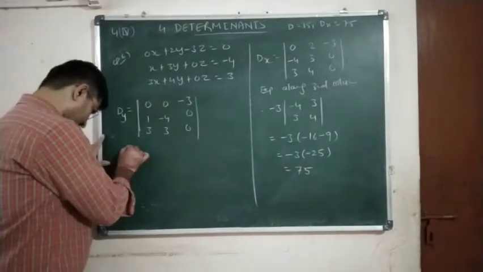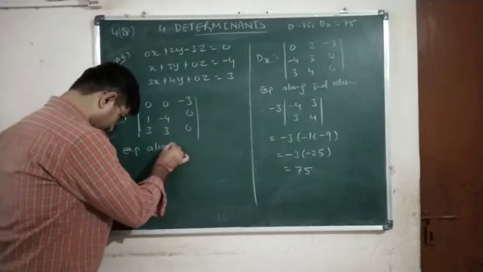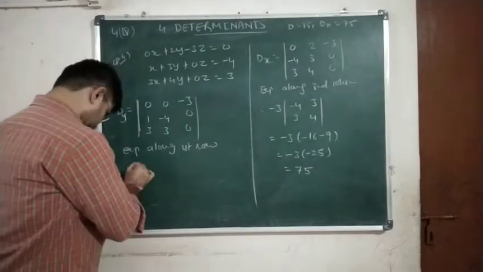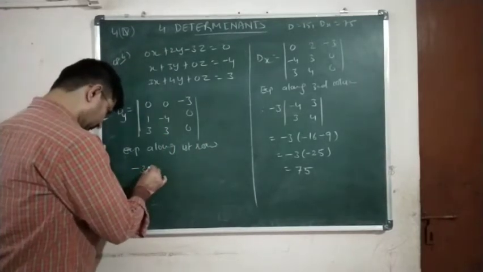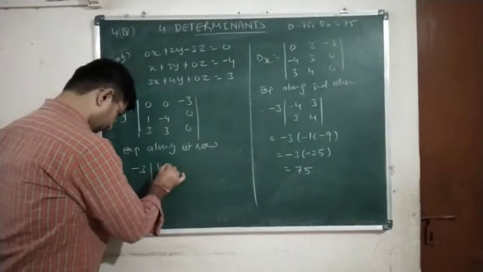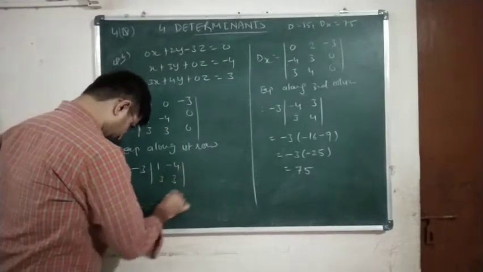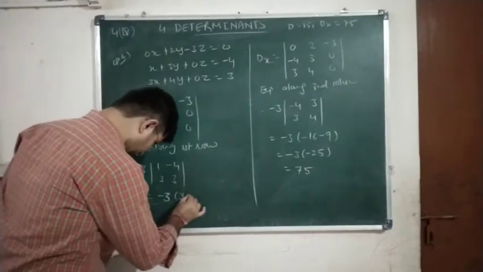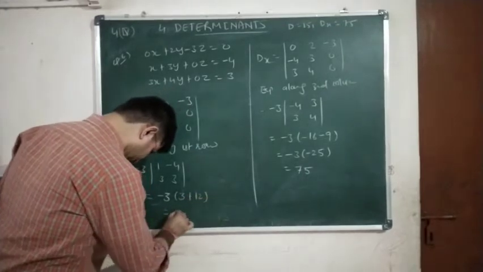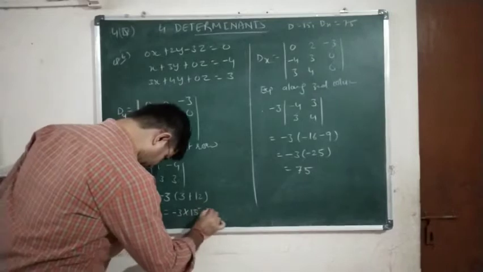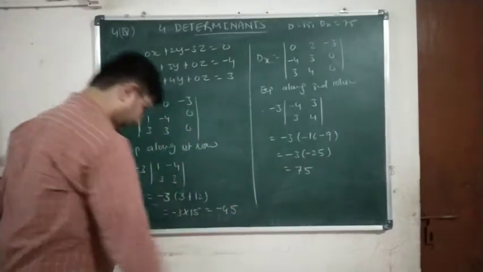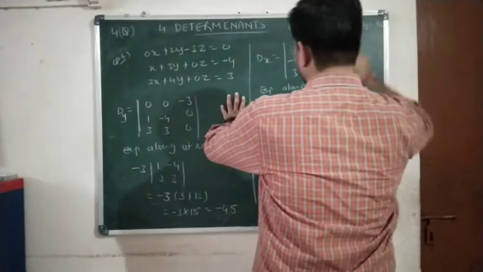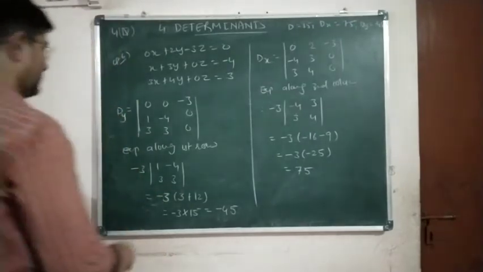Now expanding along the first row, we have minus 3 into the determinant 1, minus 4, 3, 3. So minus 3 into (3 plus 12), that is minus 3 into 15, is equal to minus 45. So the value of dy is minus 45.